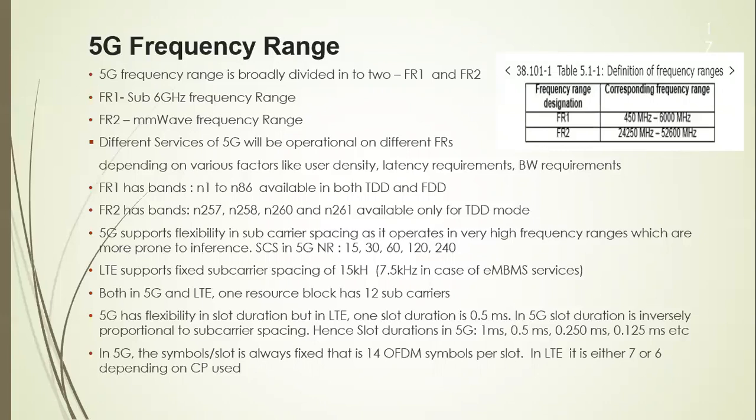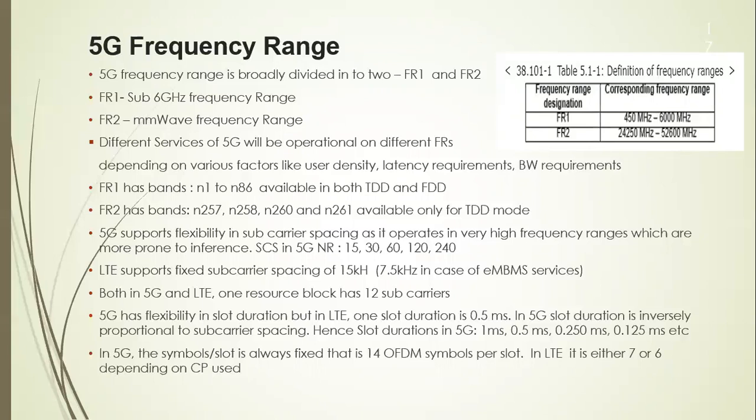So in both LTE and 5G, each resource block is spanning across 12 subcarriers, right? Even in 5G also, 12 subcarriers per resource block. But in case of 5G, the slot durations vary depending on the subcarrier spacing chosen.